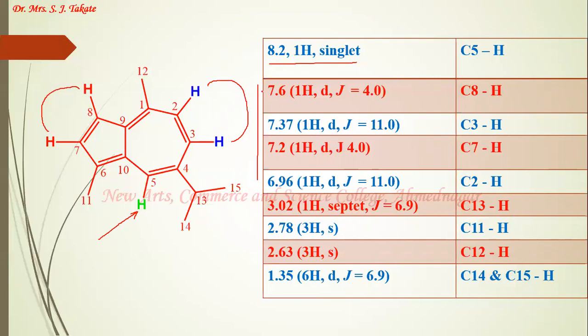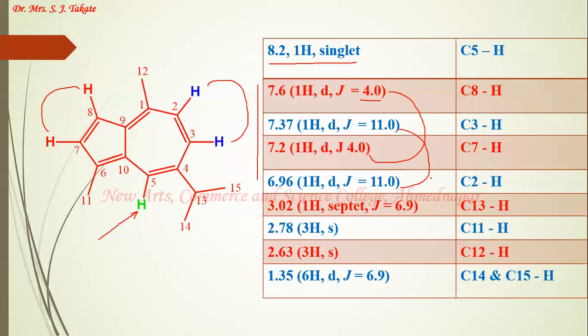In the case of these four signals, the chemical shift values are very close to one another, but the coupling constant values are very important. One coupling constant value is 4 Hertz. Look at these two signals, they have a 4 Hertz coupling constant value, and the second coupling constant value is 11 Hertz, which is larger.